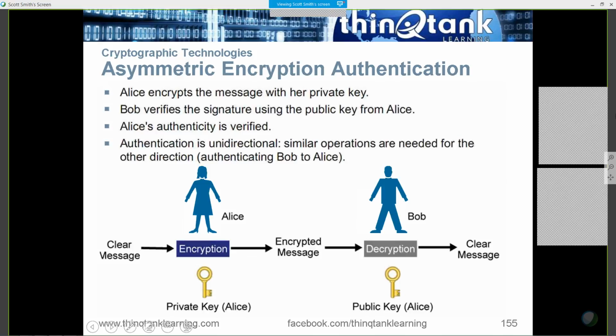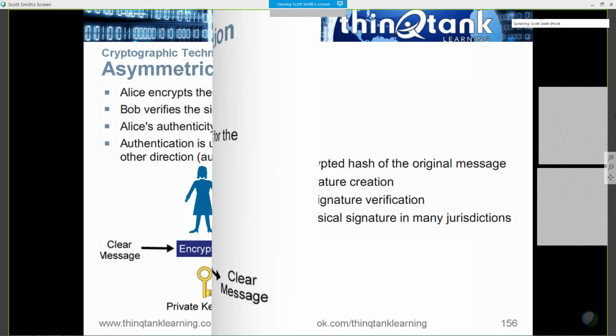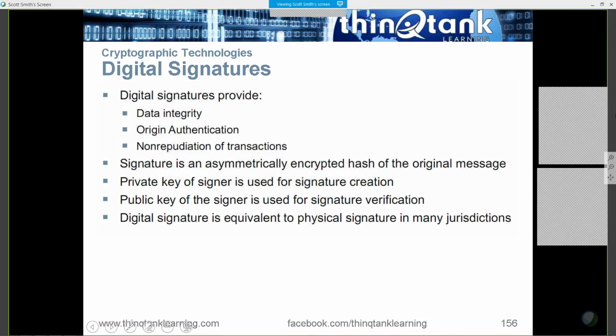Digital signatures are essentially what we just talked about. A digital signature allows us to attach a signature to a piece of data, whether it's software you're downloading or information that you're sending, that verifies the authenticity of the sender. Okay? Now, how does a digital signature provide for message integrity?